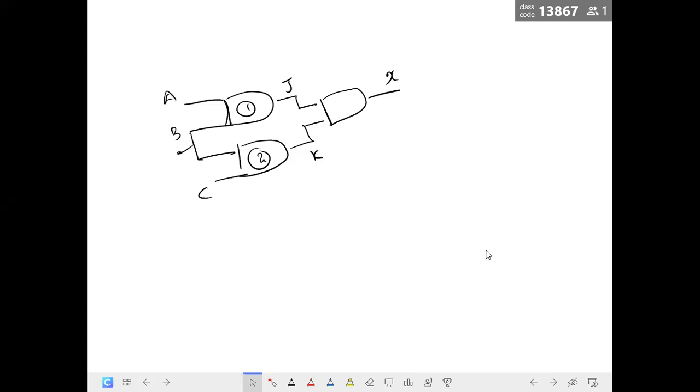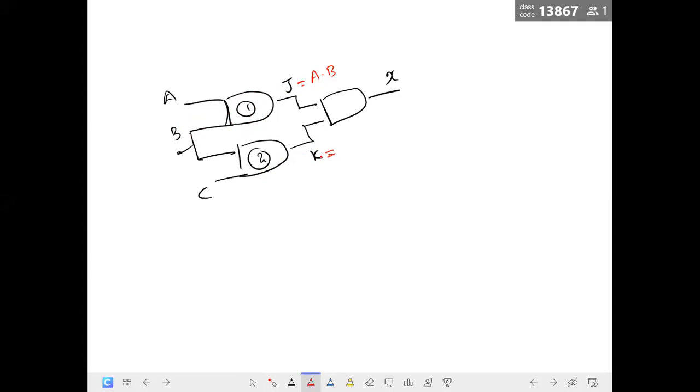Right, thank you very much Piumal for participating. Right, that's true. J equals A and B because this is an AND gate, right? So A and B. Right, now tell me the expression for the K.